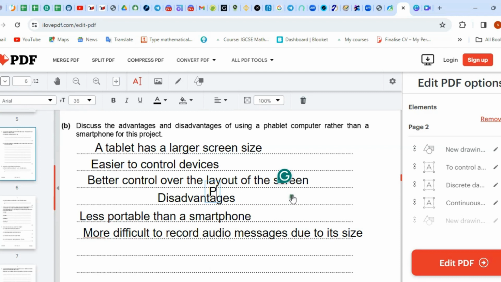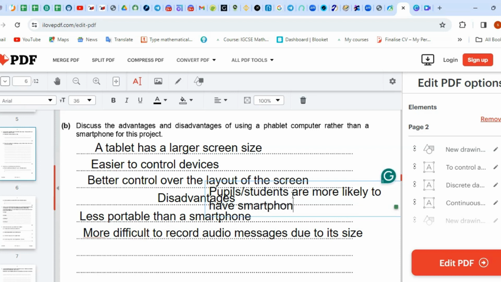Pupils, or say students, are more likely to have smartphones with them.